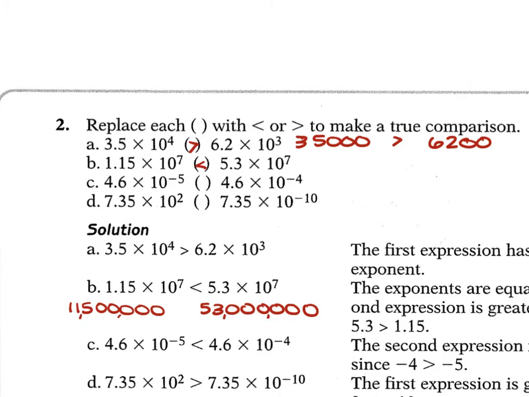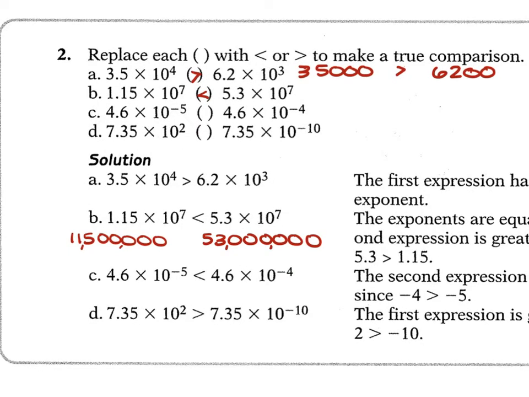For C, we have 4.6 times 10 to the negative 5th power. So this is going to be 4, 6. It goes to the left once, 2, 3, 4, 5. So 0.000046. For the 4.6 times 10 to the negative 4th, we're going to have 0.00046.